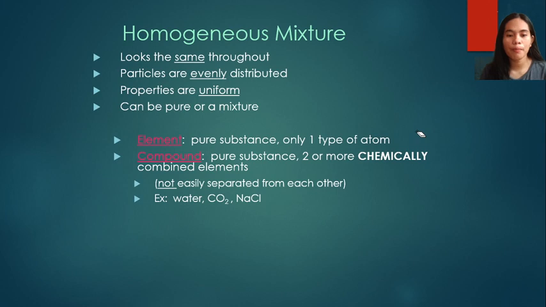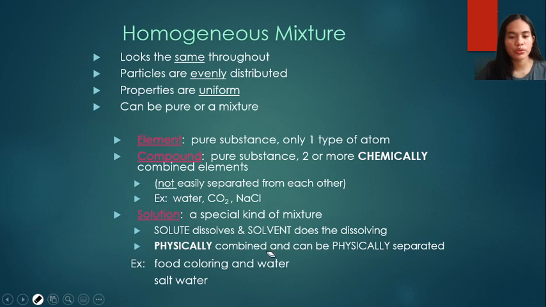When we have a compound, they are two or more chemically combined elements. So that's homogeneous. The element and compound here are not mixtures, but they are pure substances. Nevertheless, they are homogeneous matter.